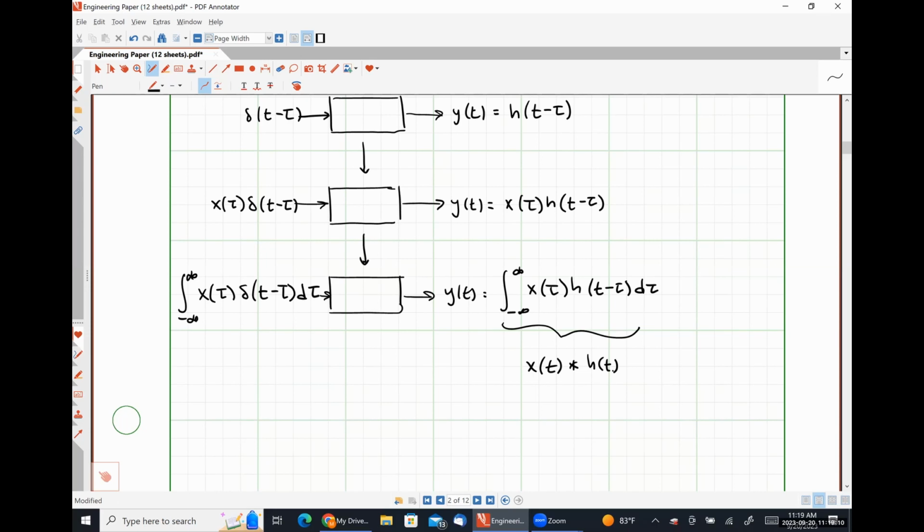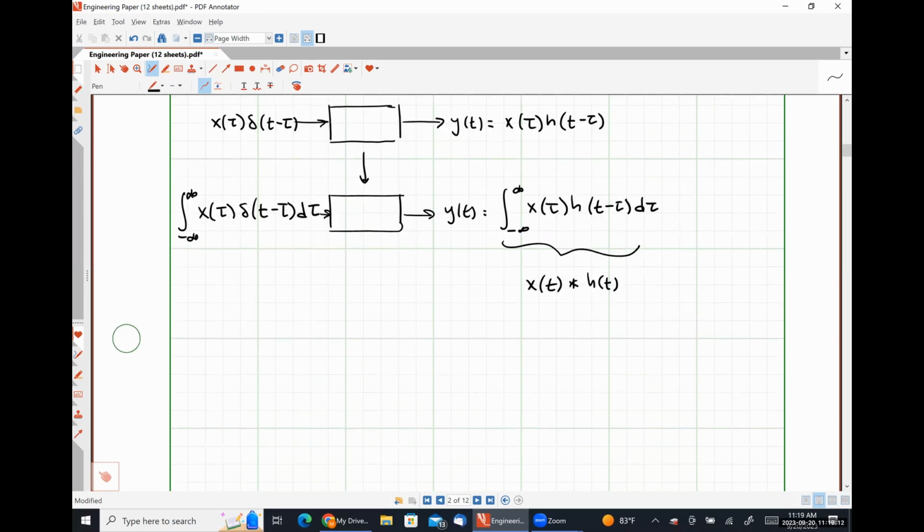So the convolution operation has the following properties.